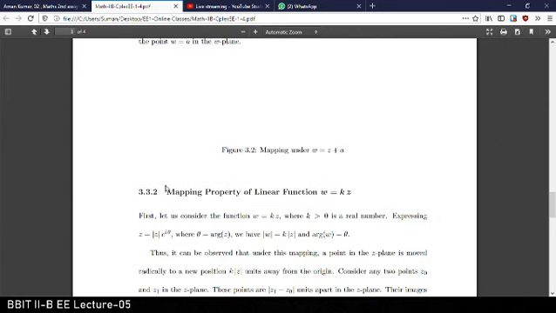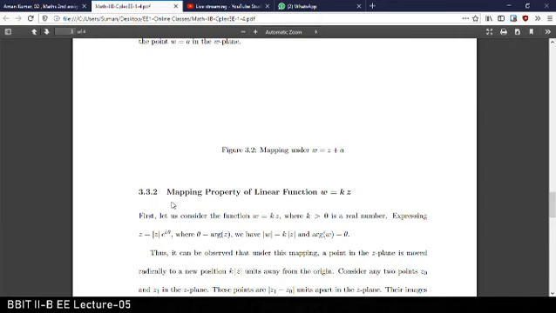Now another conformal mapping is w equal to some constant into z, where this constant is real. We are talking about magnification or contraction. Multiplication and division are similar, because if I multiply with a fraction, then it is nothing but division.